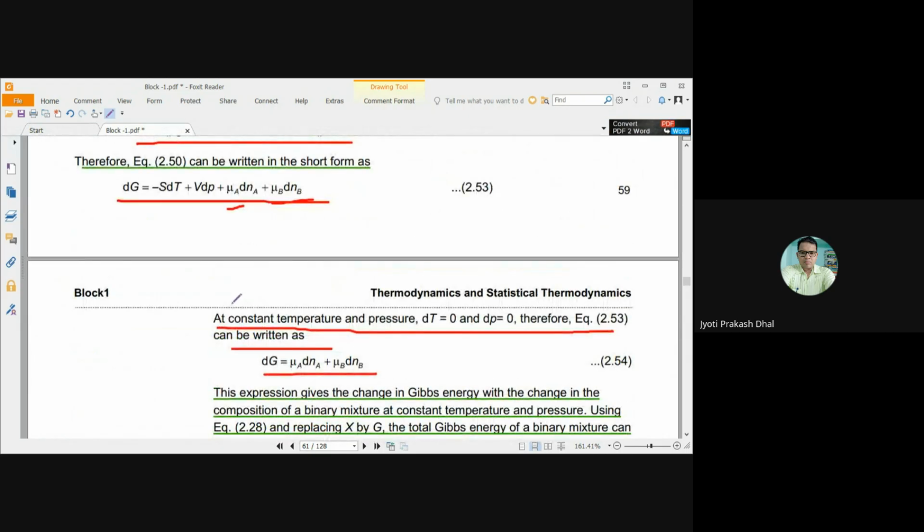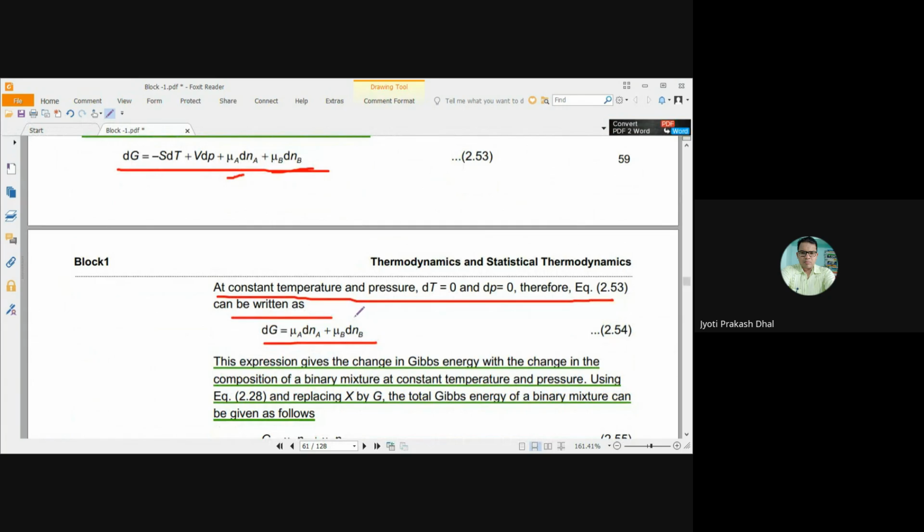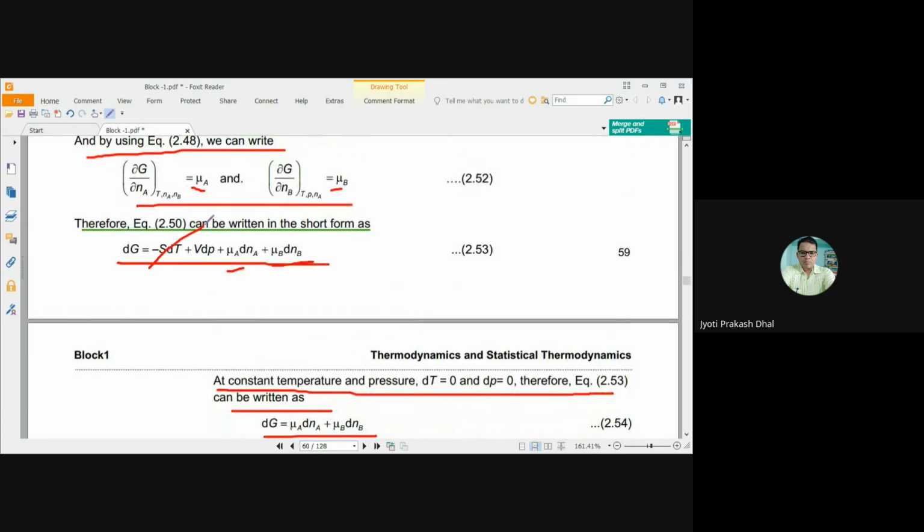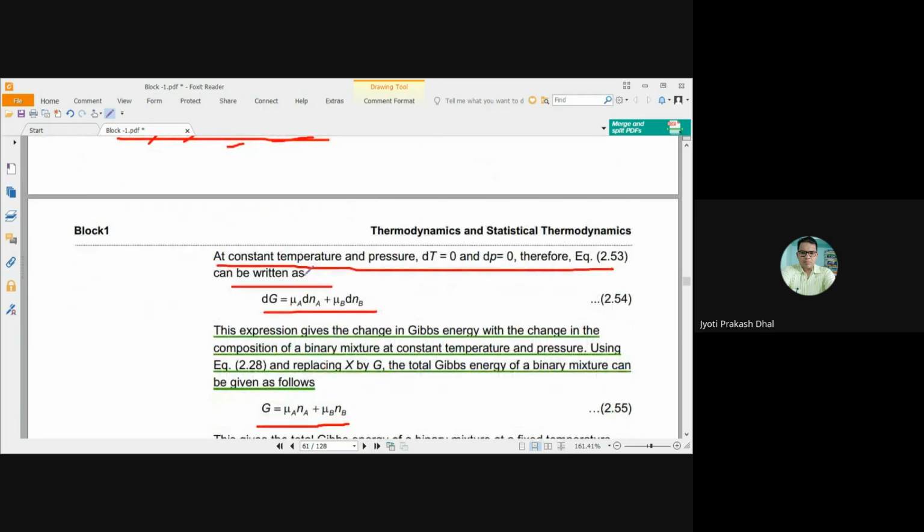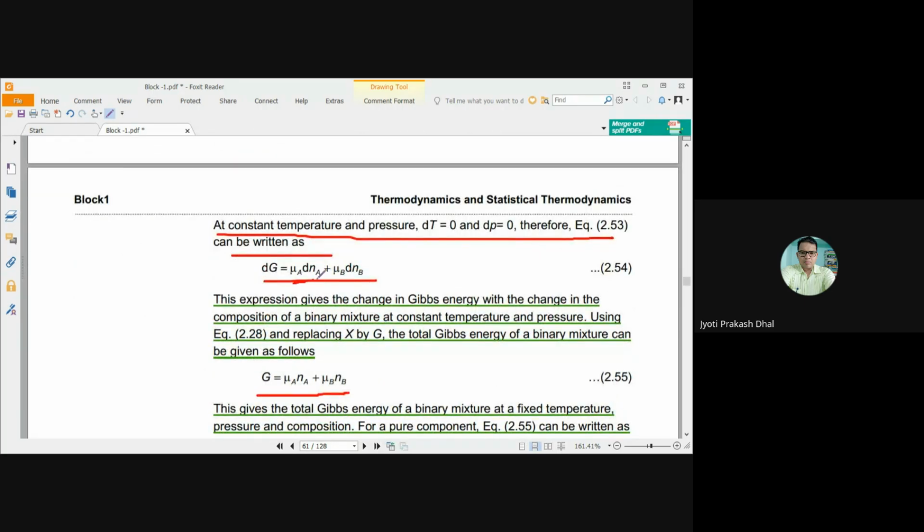And if we consider the temperature and pressure as constant, that means if you do the experiment in your laboratory in an open system, the temperature and pressure are constant. So dT equals 0 and dP equals 0. So this term will become 0, the second term will also become 0. So we can write dG equals mu A dNa plus mu B dNb.